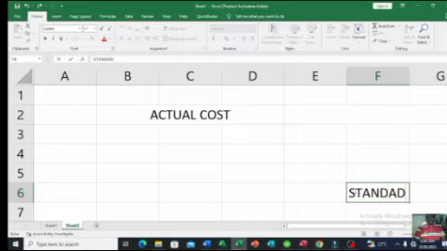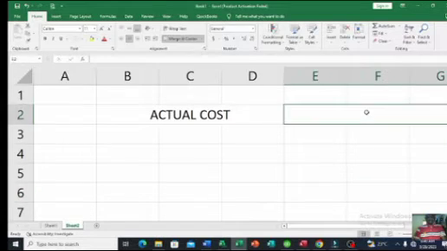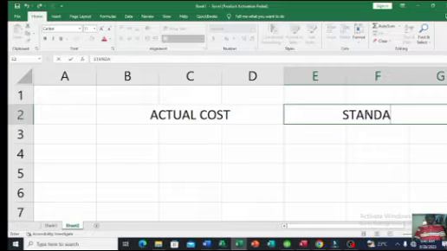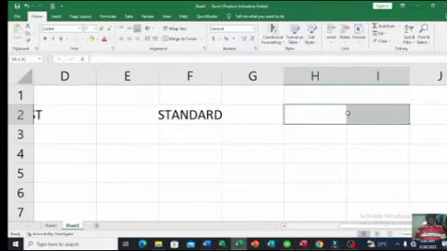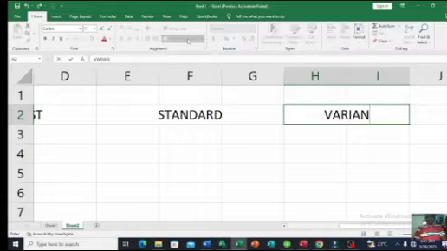The standard, and then this other way, we have the variance, right?